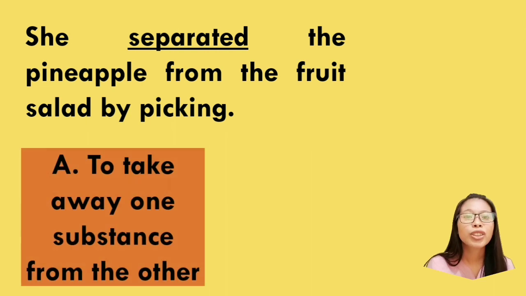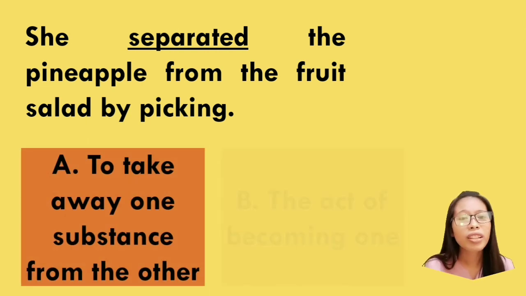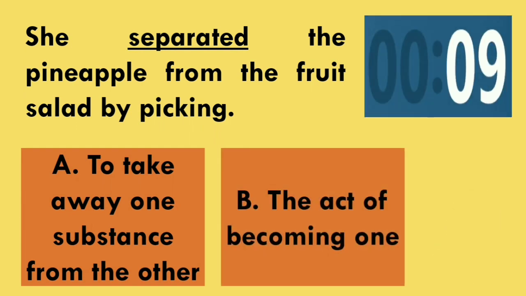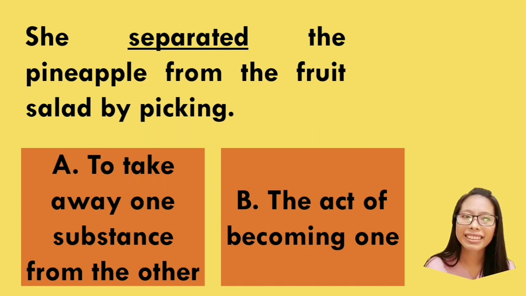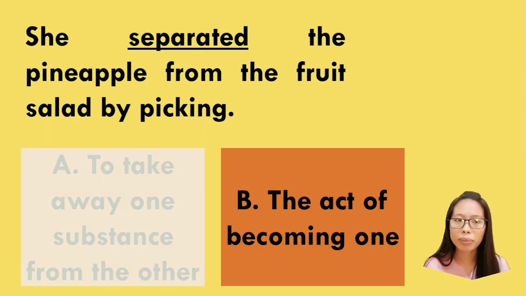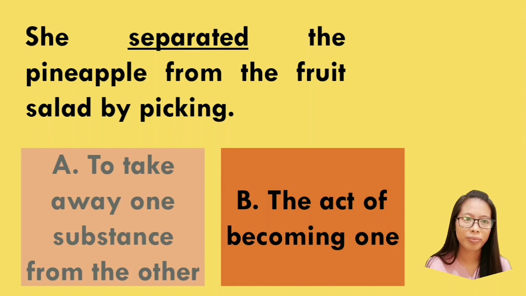Is it to take away one substance from the other? Or the act of becoming one? Yes, the answer is letter A, to take away one substance from the other.